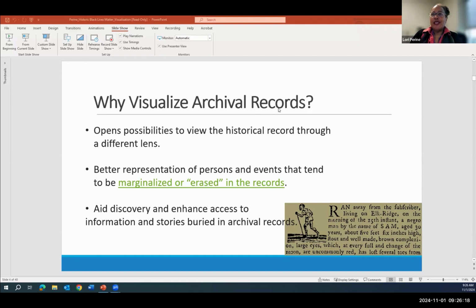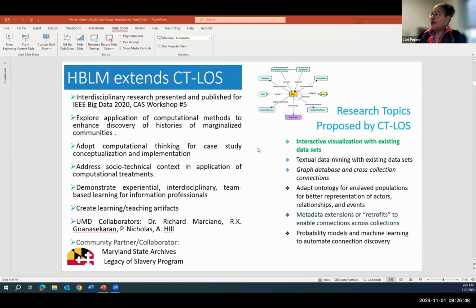When folks are represented in those records, if at all, it is not necessarily from the perspective or from the experience of those communities and those persons who tend to be marginalized or erased from records in general. And then the third part is just really practical in terms of being able to aid our discovery and enhance our access to the information and the knowledge that's contained in these records.